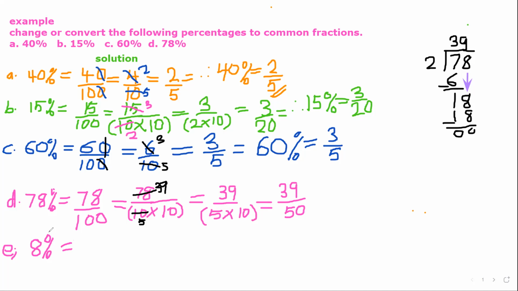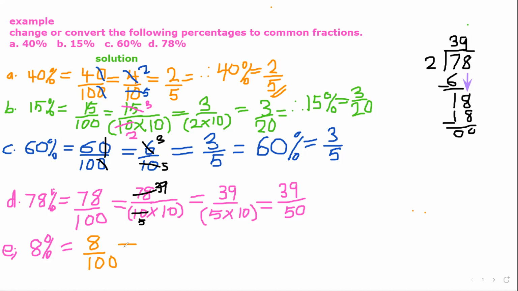This symbol is symbolic for what? 100. So here it means 8 out of 100. So you write the 8 out of 100. Okay, so here is 8 out of 100 here. Okay, good.